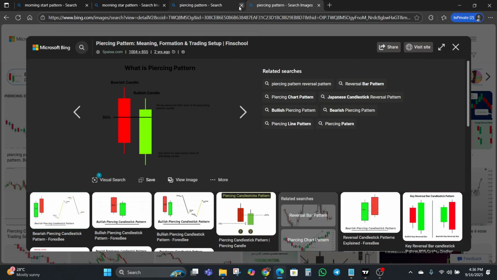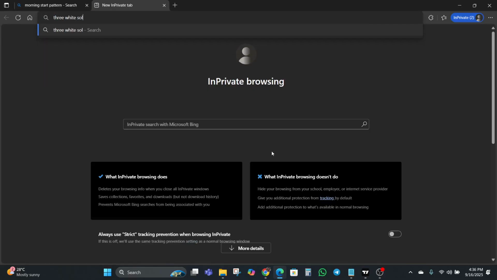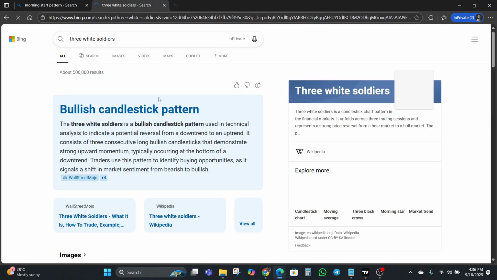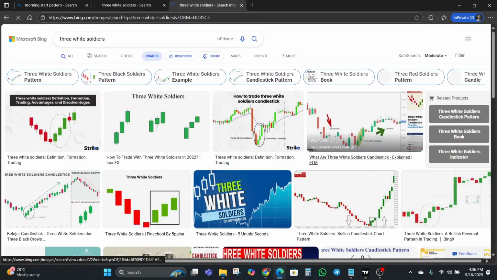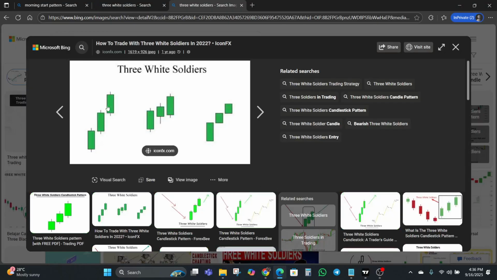Now, finally, let us talk about the three white soldiers pattern. It is a strong bullish reversal pattern made up of three consecutive long bullish candles.